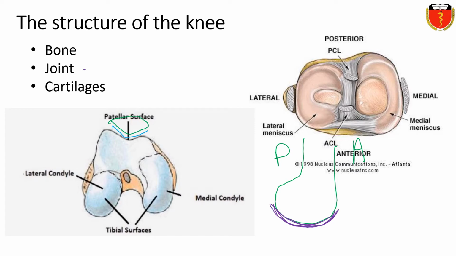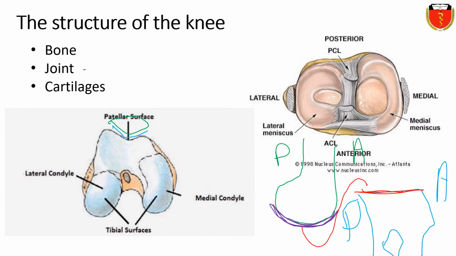When you look at the tibia, this is anterior and this is posterior, you have this flat surface of the tibial plateau. So if you match the femoral condyle over the tibial plateau, the shapes are not really matched to each other. So there will be space, and only a small contact area between the condyle of the femur and the tibia.